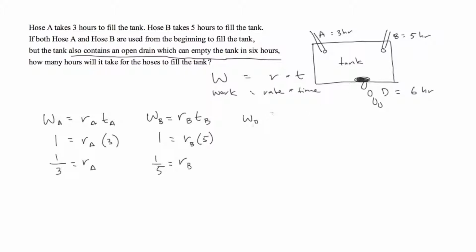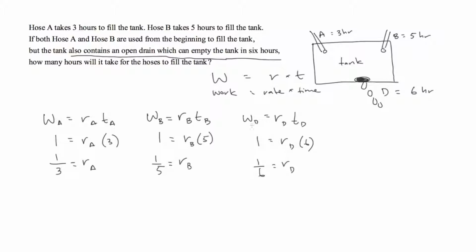Finally, we have the work that the drain is doing, and in this case it's leaking it out, but we have RD times TD. Again, the work being done is 1, and the rate that it's doing it, that's what we need to figure out, but it takes 6 hours, so RD is equal to 1 over 6.